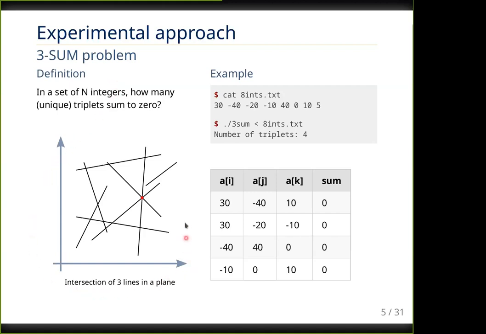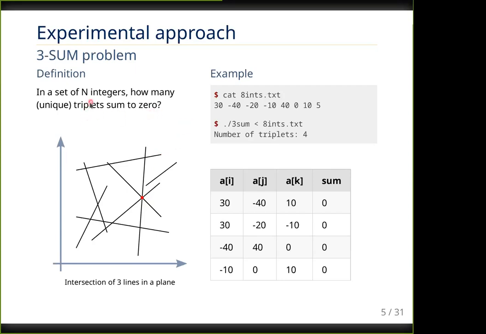In computational geometry, you can have a scenario where you have a bunch of lines in a plane, and you want to be able to detect if three lines are all intersecting in one specific point. That's pretty much what the threesome problem is. Here we're not going to do it that complex. We're going to do a much simpler example.